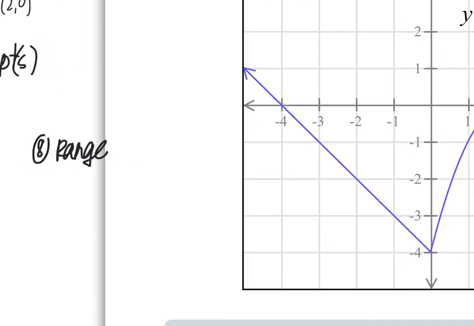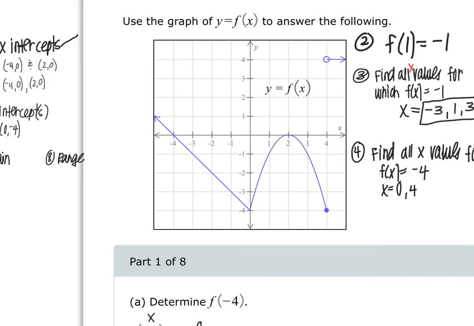Going left to right from -infinity, I keep having x values, graph after graph, and I get here to 4, and I stop.